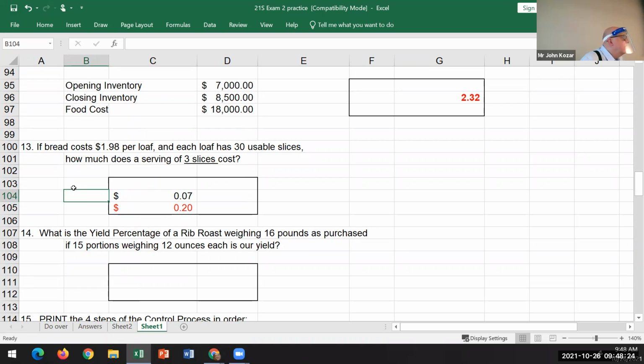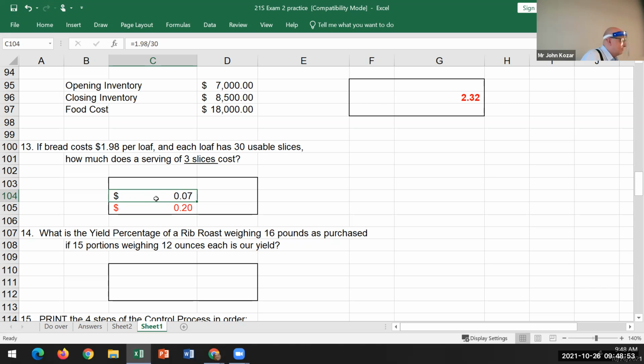Pardon me? I'm calculating the cost of a slice. So I'm taking $1.98 and dividing it by 30 slices. That's going to tell me what one slice costs. And that came out to like 6.6 cents. But it's showing it, pardon me?